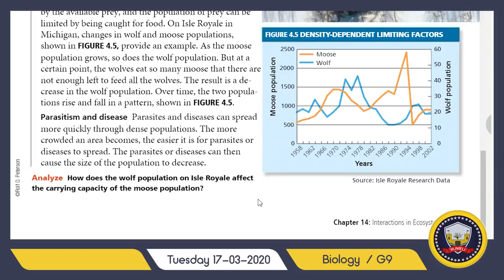Like Tokyo, 38 million people there. Istanbul, 20 million people. London, 9 million people. So, in any high density area, parasites and disease can be a limiting factor.